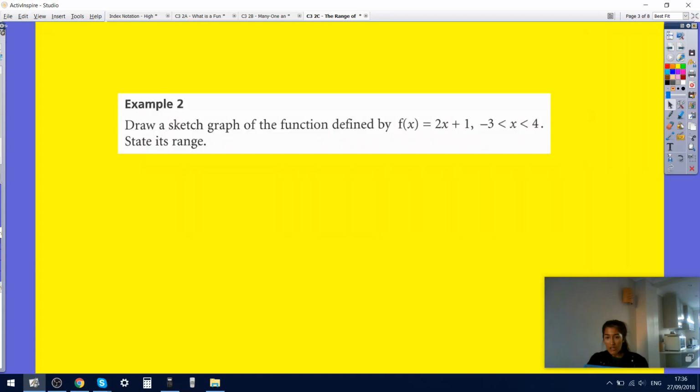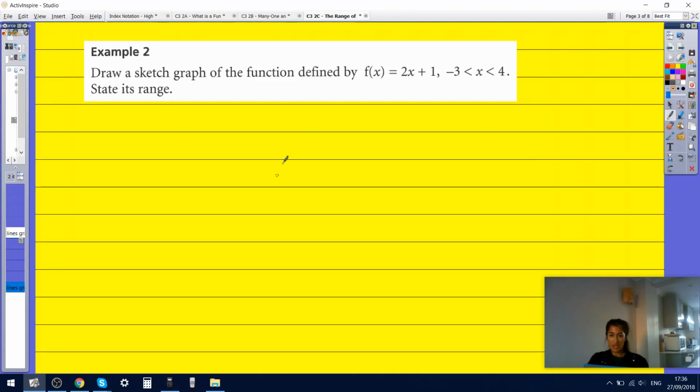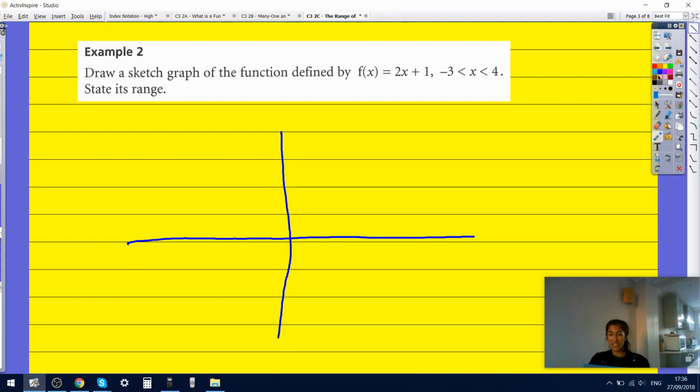Let's see. So how would we do this? Draw 2x minus 5, where x is between -3 and 5. Would you just make a table and substitute x for -3, -2, -1?